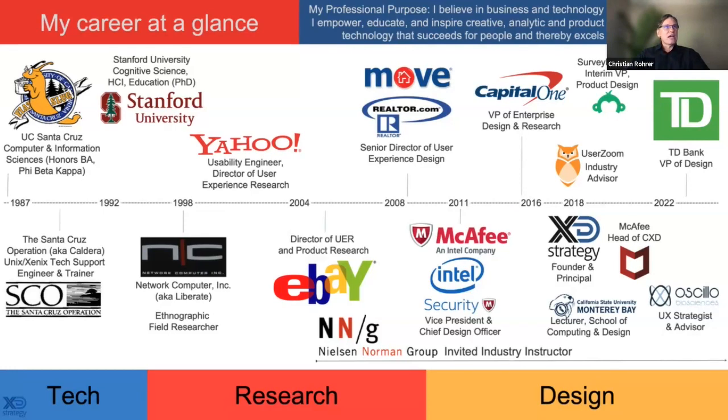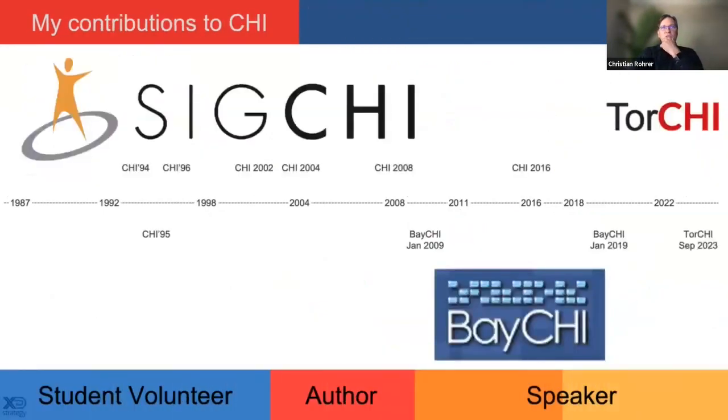The other thing I want to point out is I've had quite a bit of experience with different chapters of CHI. So I got involved in SIGCHI back as a grad student in '94. I was a student volunteer for many years, and then I was the chair of the student volunteers in the early 2000s. But then I shifted over to actually trying to contribute to the CHI community through publications.